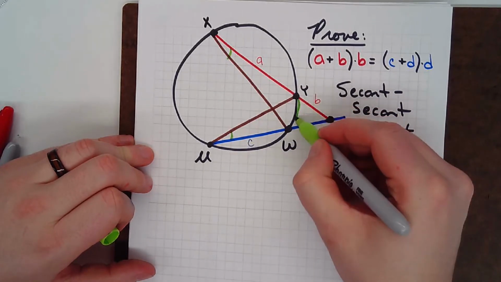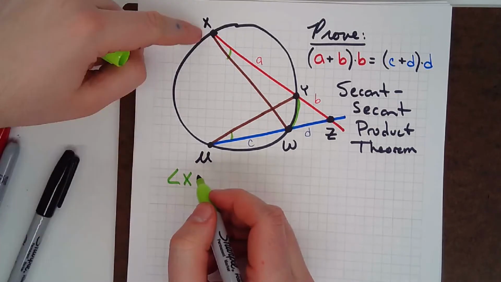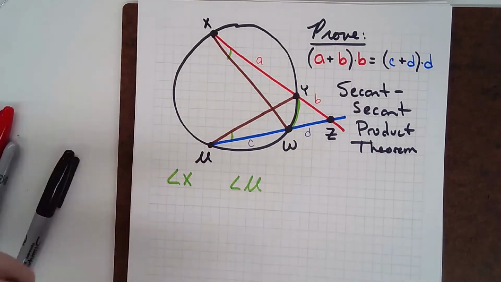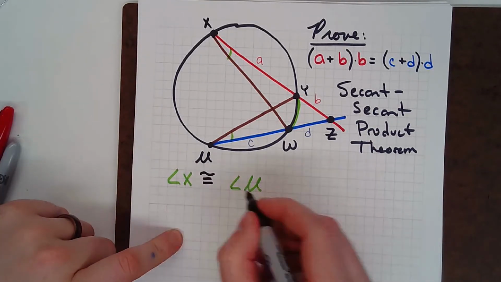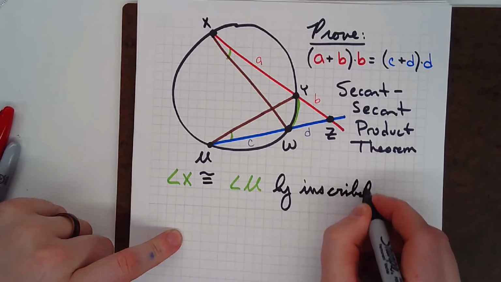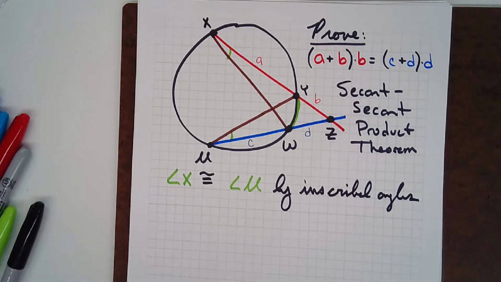So let's call it angle X, because that's the only angle X, and angle U. They are congruent by inscribed angles. All right, and we know that this angle right here is shared between both triangles, right?